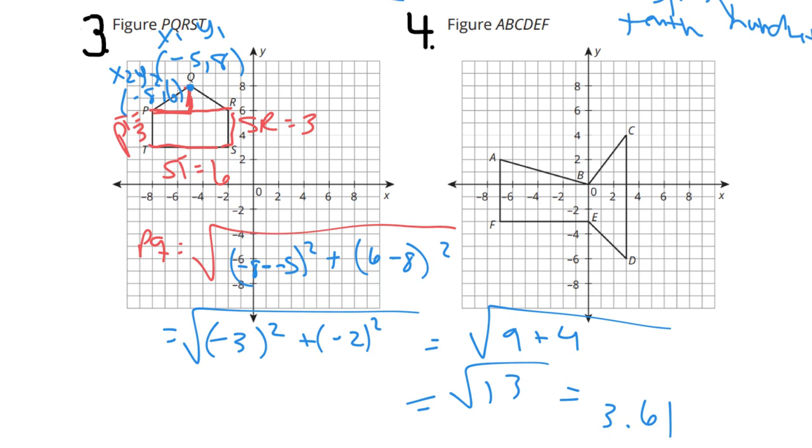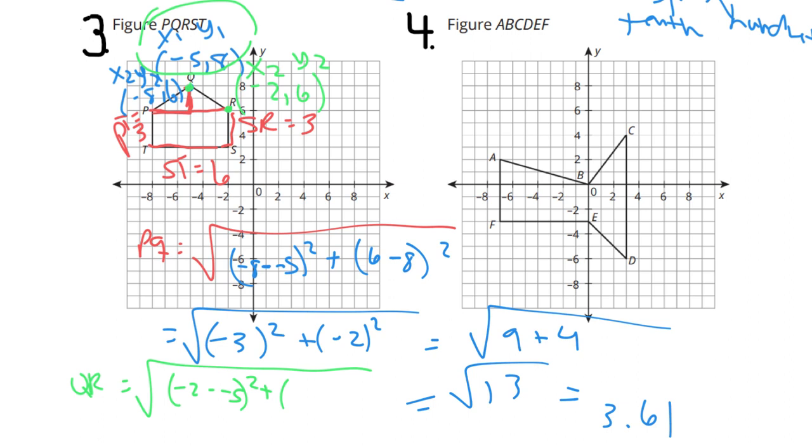So for QR, let me change the color. So Q is -5, 8, and R is going to be -2, 6. So since I already labeled this one, all I have to do is label this one. I'm going to label this one X2, Y2. Okay, remember this one is going to be for QR. So X2 is -2 minus X1, -5 squared plus Y2 is 6 minus Y1 is 8.